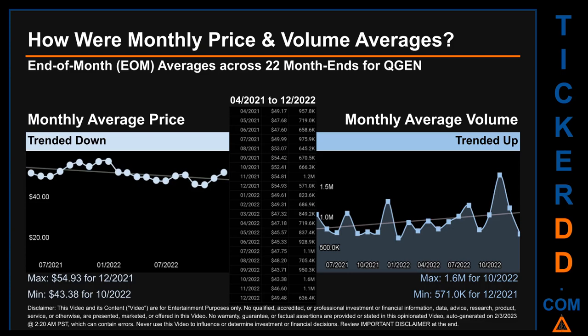The maximum end of month average price was $54.93 for 12/2021 while the minimum was $43.38 for 10/2020. Looking at volume, 10/2020 and 12/2021 respectively saw the highest and lowest monthly average volume at 1.6 million and 571,000.